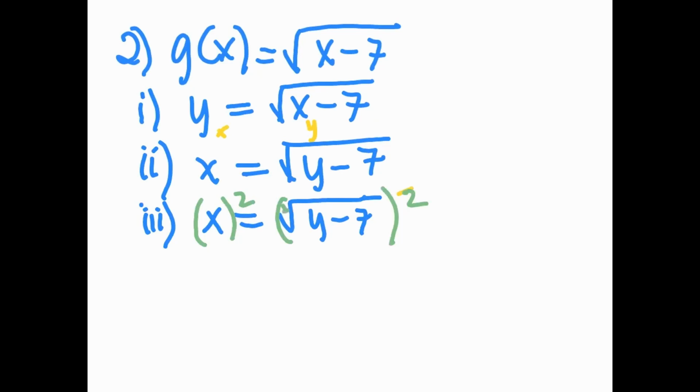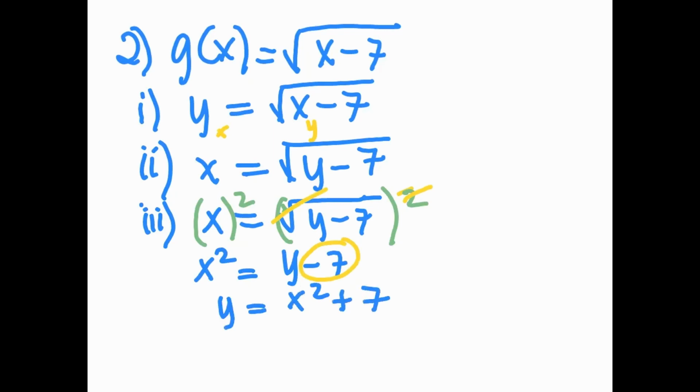Of course, we can now cancel out the square and the radical sign, to come up with x squared is equal to y minus 7. Hence, we are now ready to solve for y by transposing this negative 7 to the other side to have y equals x squared plus 7. This is now g inverse of x, equal to x squared plus 7.